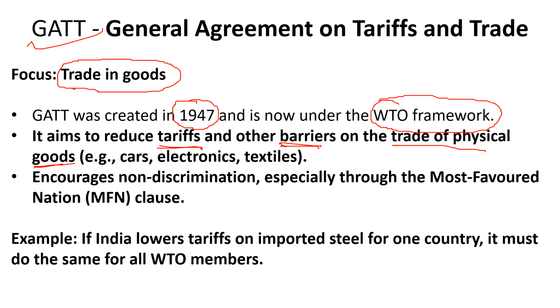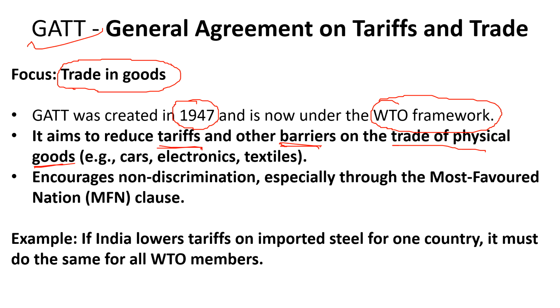Remember this very important point: GATT focuses on trade in goods, aiming to reduce tariffs and barriers on physical goods like cars, electronics, textiles and many more, but it must be a physical good.